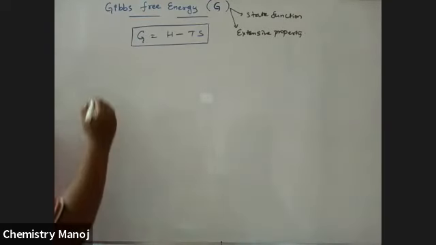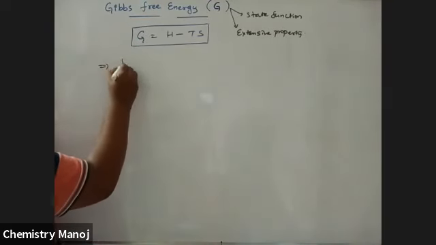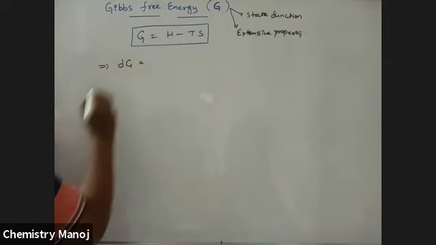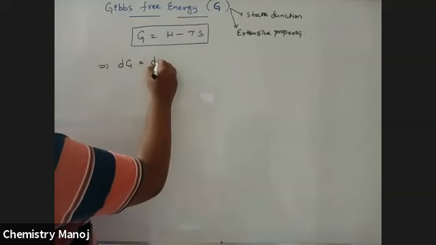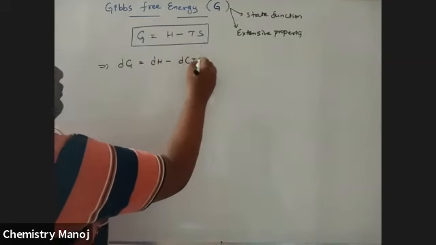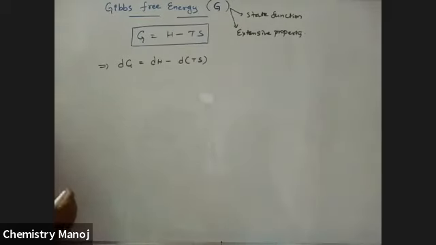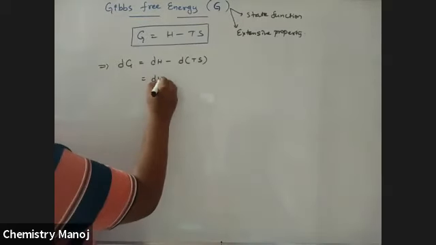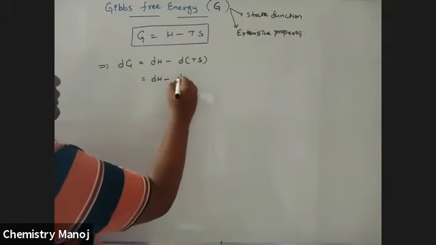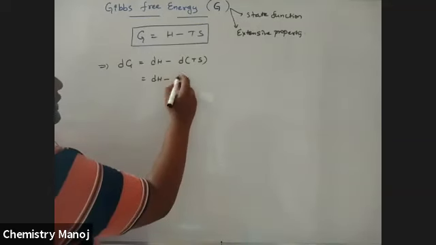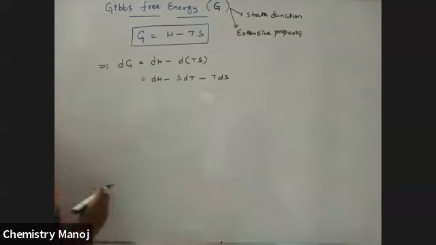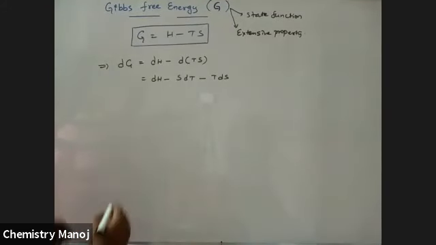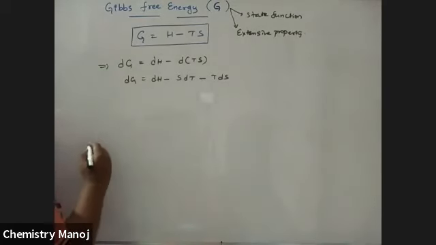Therefore, that implies dG, change in Gibbs energy, is equal to dH minus d of TS. d of TS is S dT plus T dS, so dG is equal to dH minus S dT minus T dS. So this is the dG function.